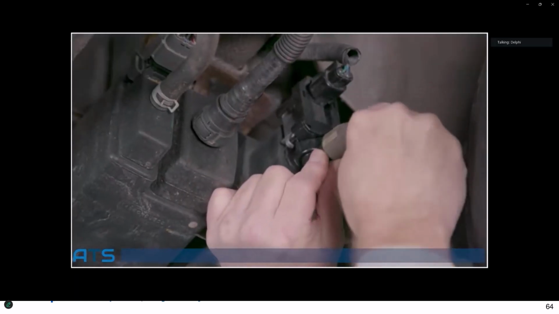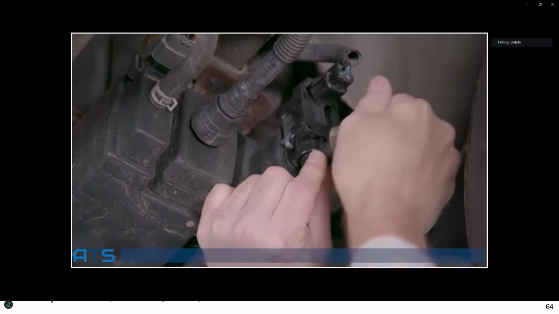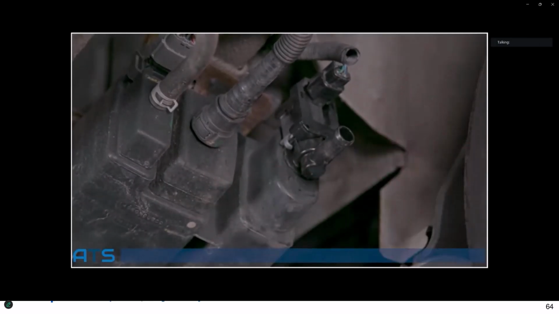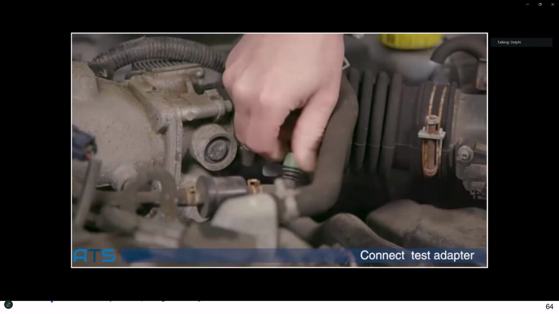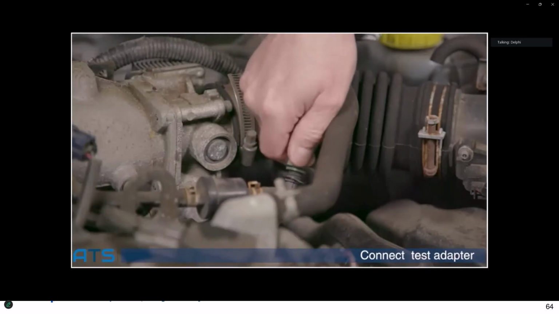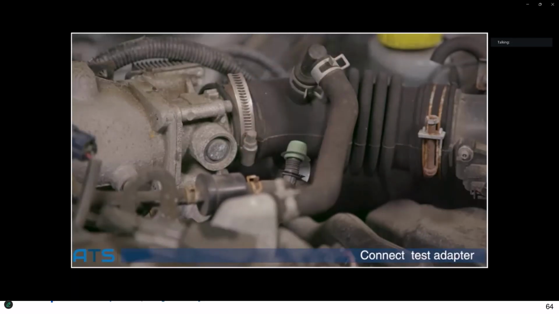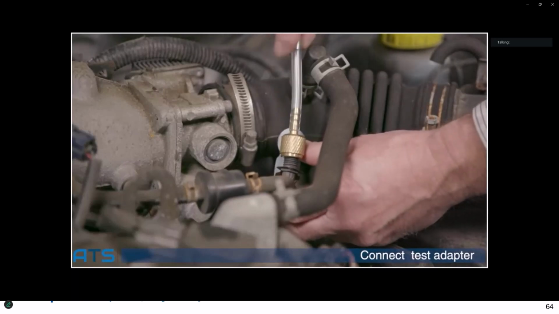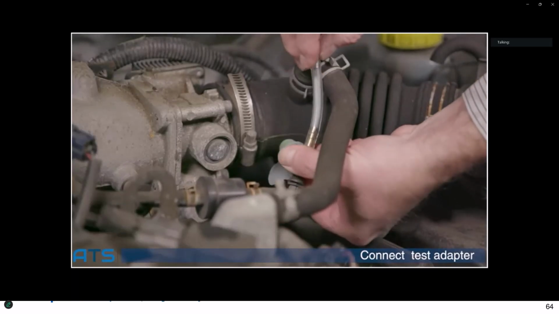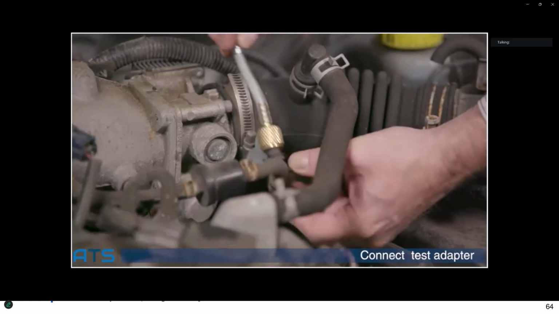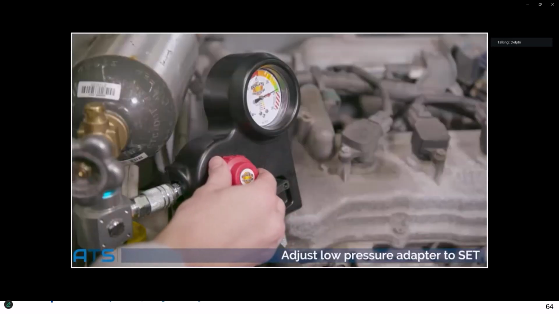Alternatively, you can plug the EVAP vent line using plastic plugs. Once the system is sealed, connect the EVAP test port adapter and prepare the low-pressure CO2 tank regulator.